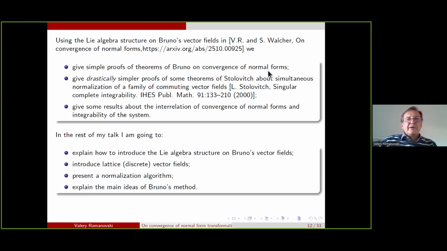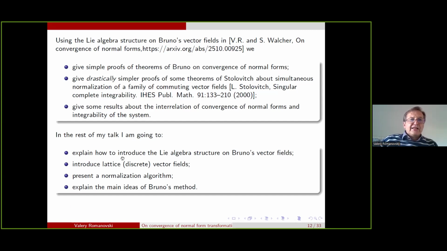In this paper, we give simple proofs of the theorem of Bruno on convergence of normal forms. I think it's now easy to understand. We also give drastically simpler proofs of some theorems of Stolovitch about simultaneous normalization of a family of commuting vector fields. These are the main results of this paper. We also give some results about interrelations of convergence of normal forms and integrability of the system.